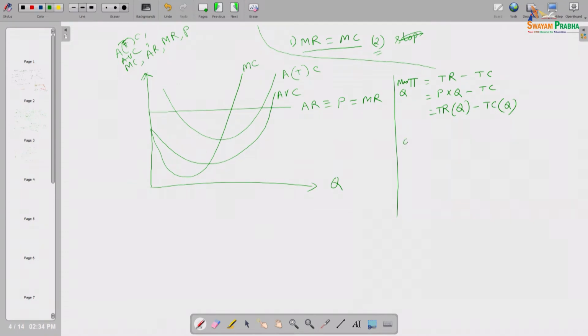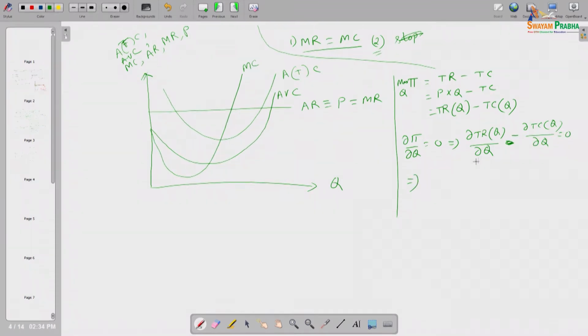So, my first order condition will be del pi del q equals 0. That implies del TR(q) del q minus del TC(q) del q equals 0.